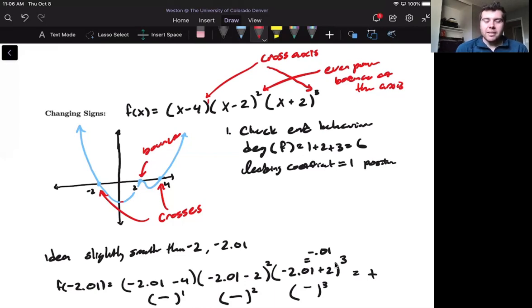Now that you have two different ways of graphing, if both ways give you the same graph, there's a good chance that you did it correctly. If the two different ways of doing it give you two different answers, one of them's wrong because there's only one correct graph. But if they both line up, you're probably golden.